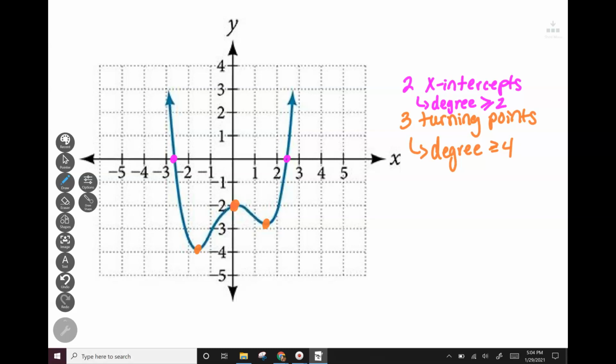Now, let's think about the things that we learned before that. We talked about the end behaviors.